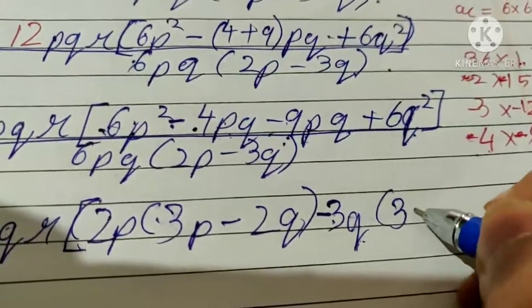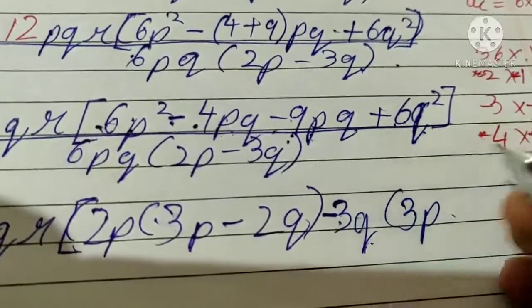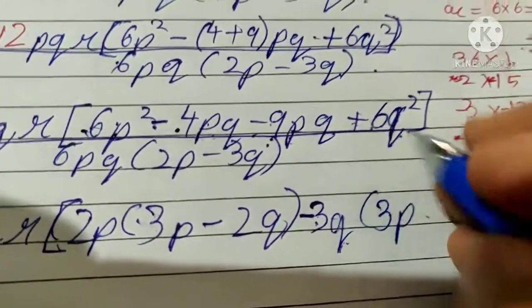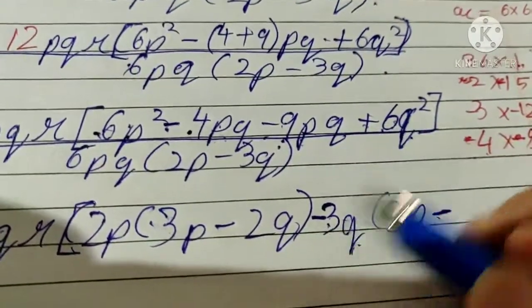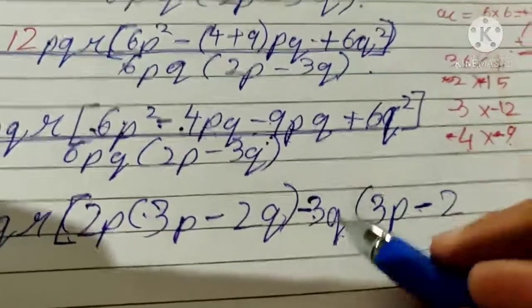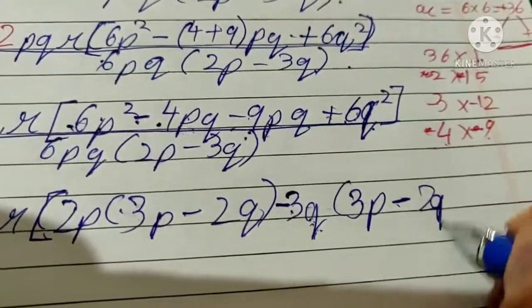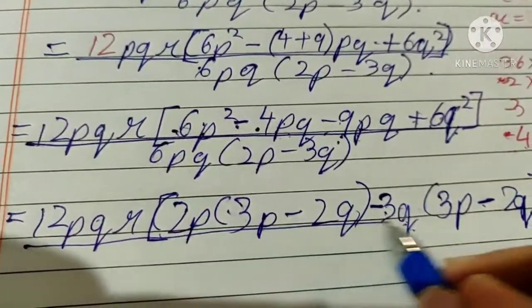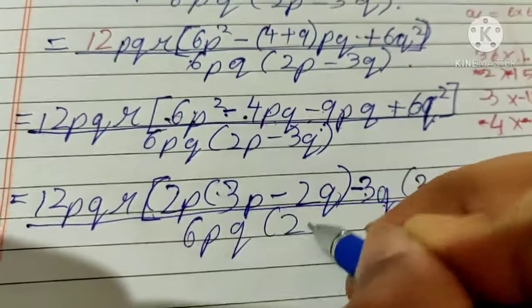Taking q common, you are left with p. Again taking minus 3 common, taking minus sign out of plus 3, the sign will get changed. Taking 3 common out of 6, you are left with 2. Taking a single q out of 2q, you are left with single q here. 6pq.